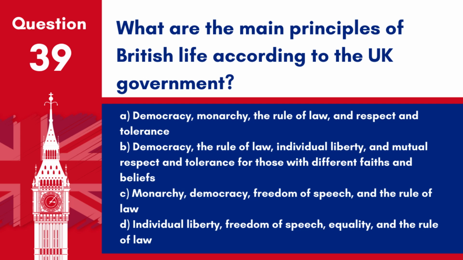C. Monarchy, democracy, freedom of speech, and the rule of law. D. Individual liberty, freedom of speech, equality, and the rule of law. Answer B. Democracy, the rule of law, individual liberty, and mutual respect and tolerance for those with different faiths and beliefs. These principles are fundamental to British life.